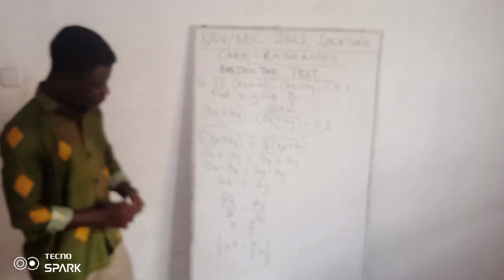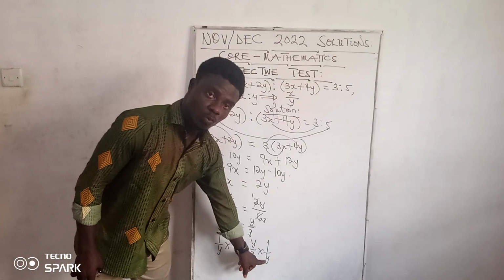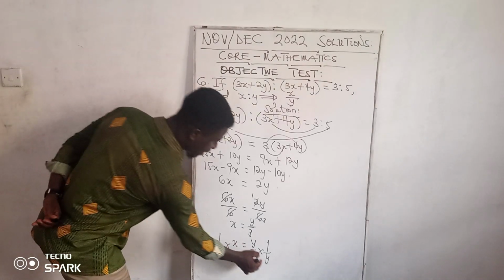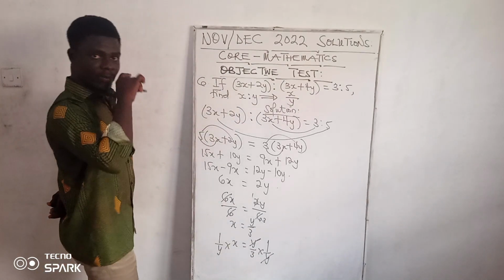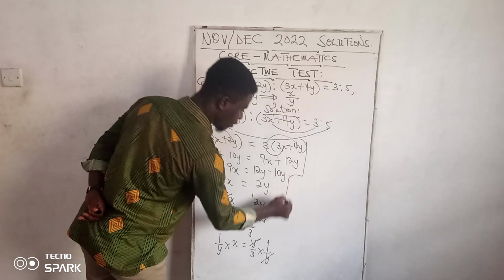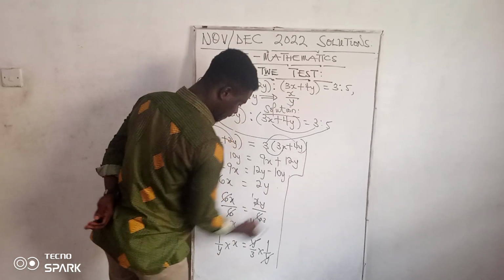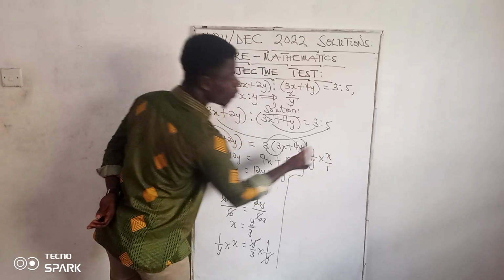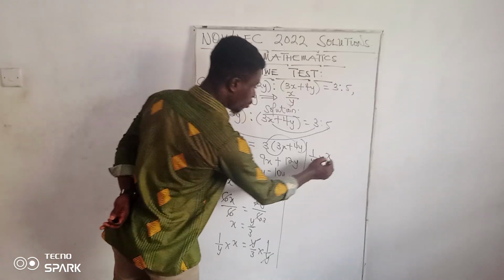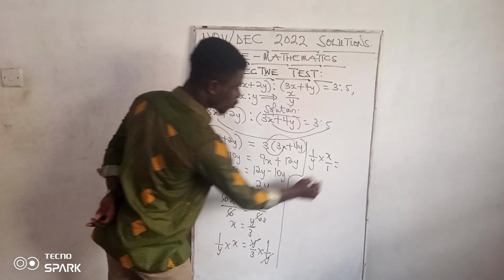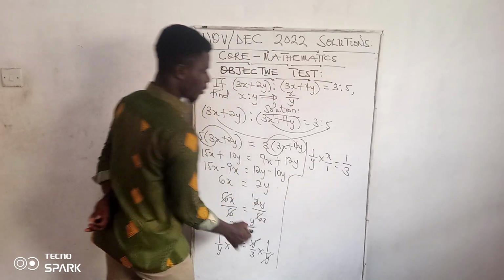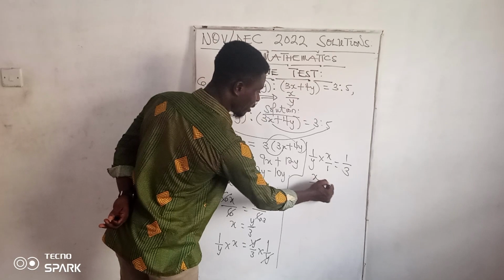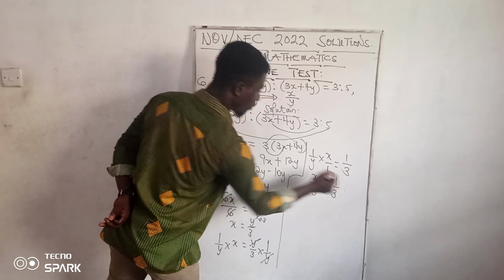So this cancels that, and I still have 1 over y times x over 1 equals 1 over 3. Now multiplication of fractions, so I get x over y equals 1 over 3.